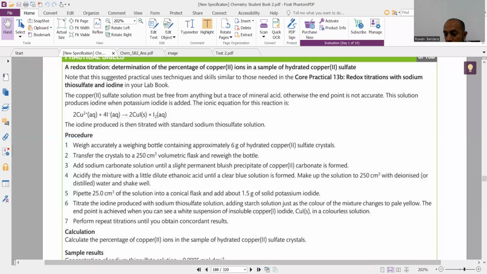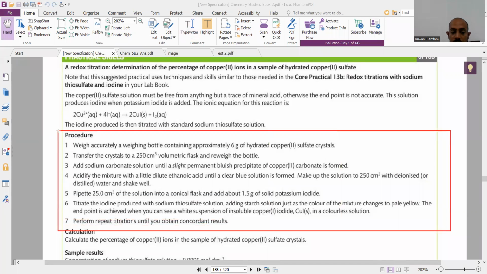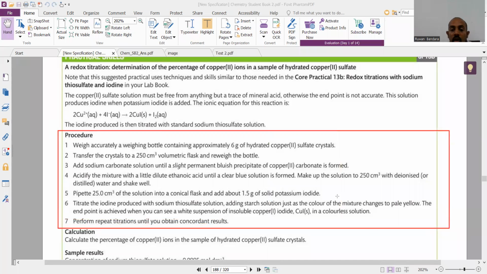Right. Now let's note down the procedure as well. Remember, always you have to repeat the titration in order to obtain concordant results.